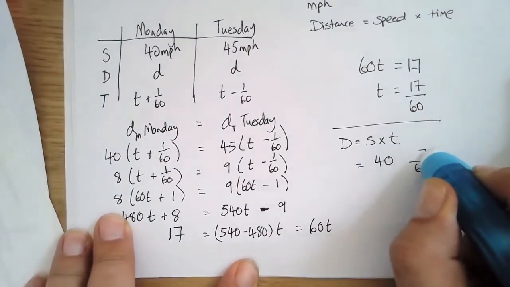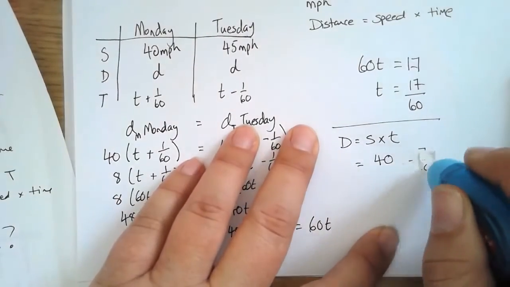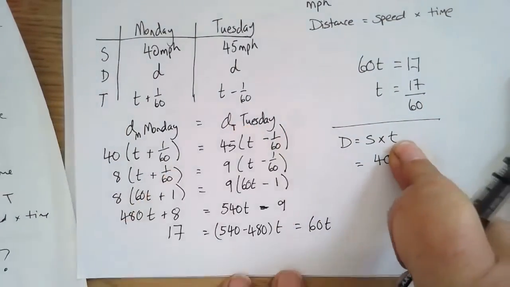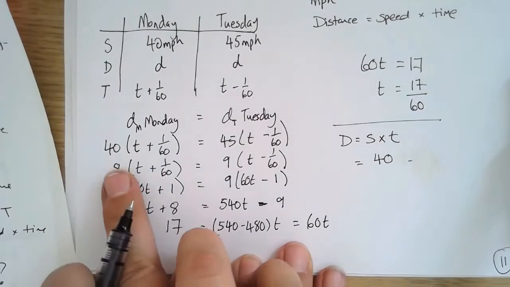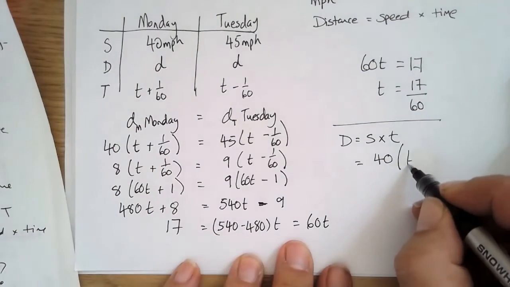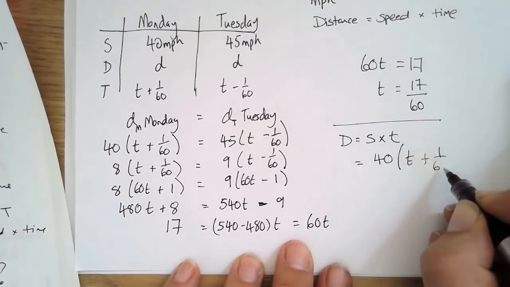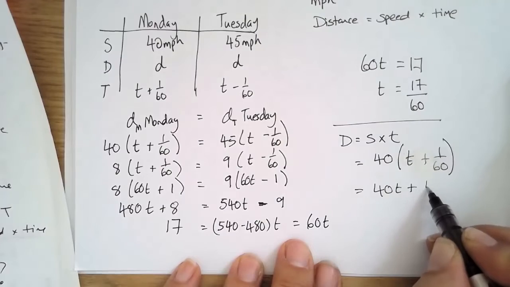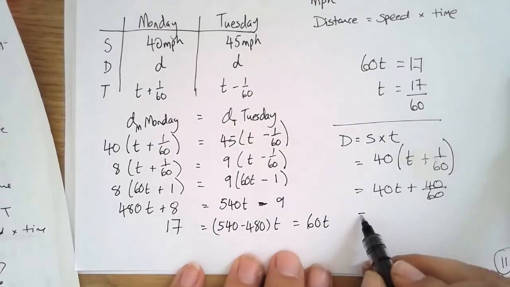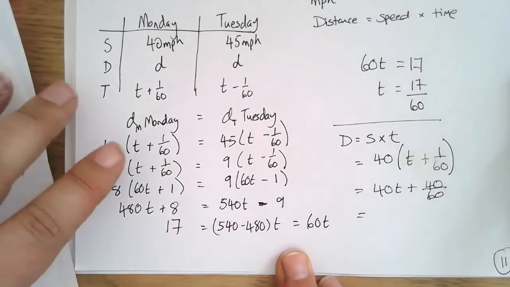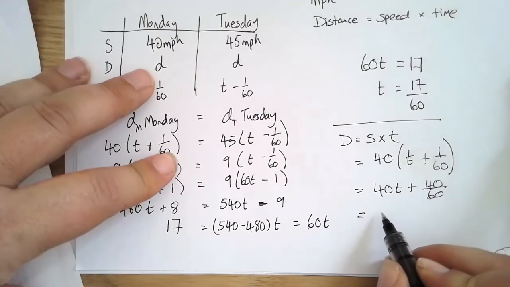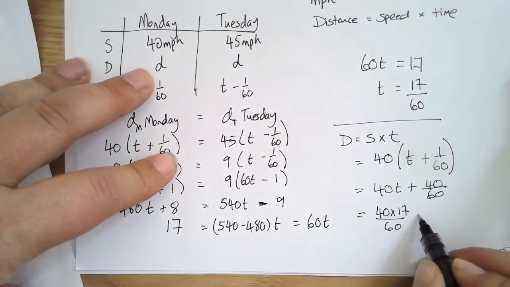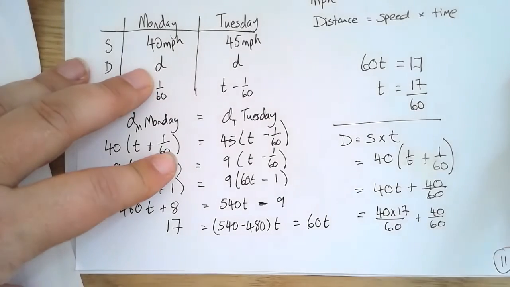We need to look at the time that it took him on Monday. So just like we did before, we're looking at this equation just here, 40t add 160. We take away the bracket, 40t plus 40 divided by 60. We're substituting in t. So 40 multiplied by 17 divided by 60, plus 40 divided by 60.